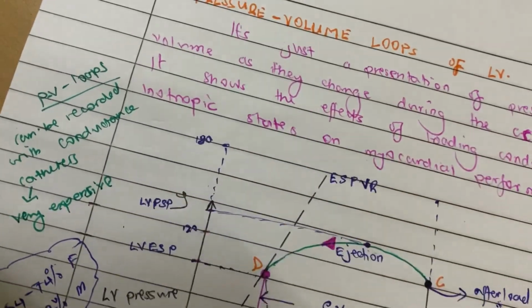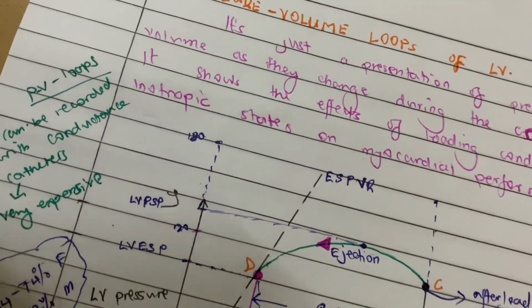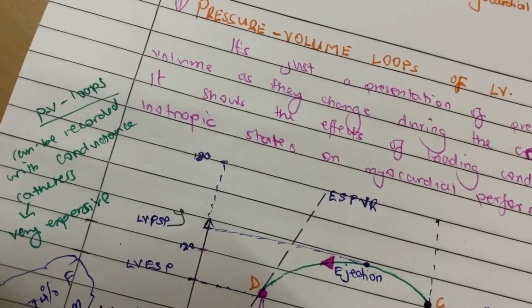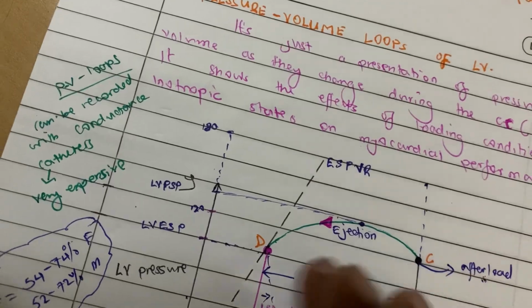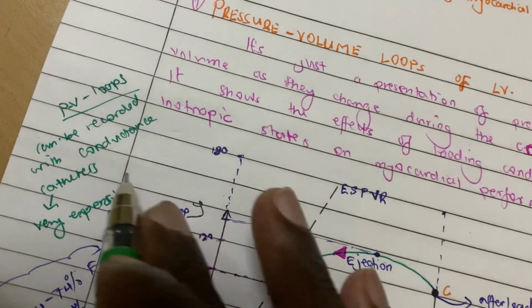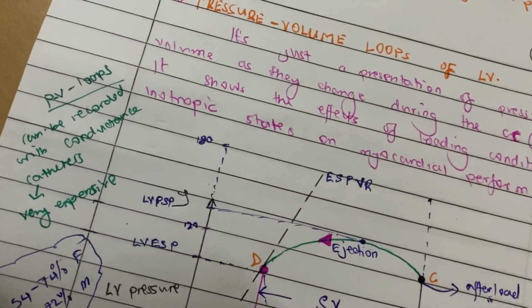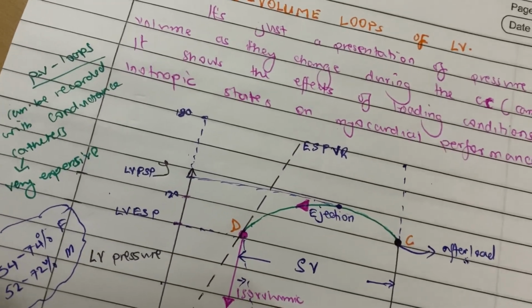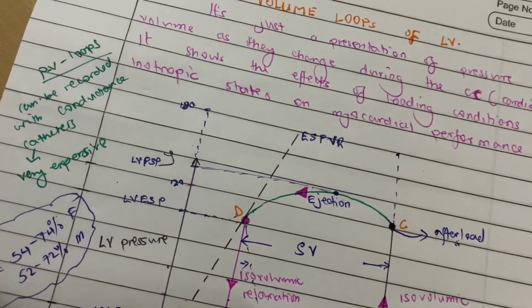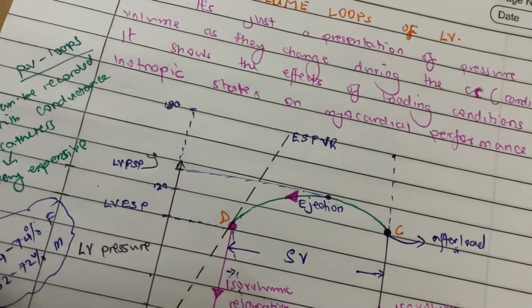So even if you may be 20 years in the cath lab or 20 years working in the CCU or ICU, you have never seen this, because the equipment, the catheter and the system, is very expensive. Many centers cannot afford it. Only highly specialized centers can afford it.